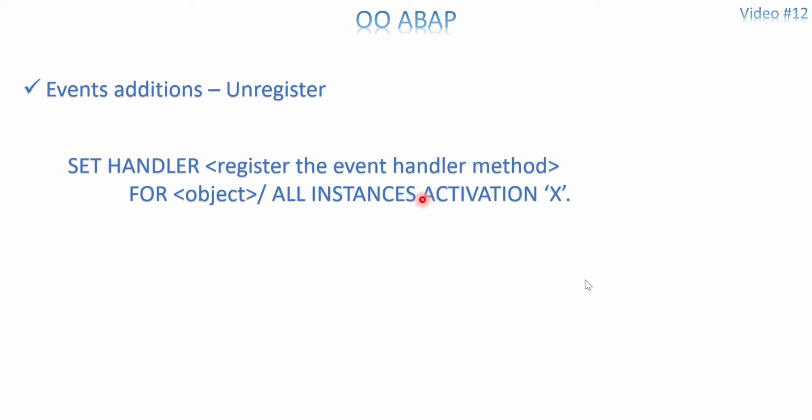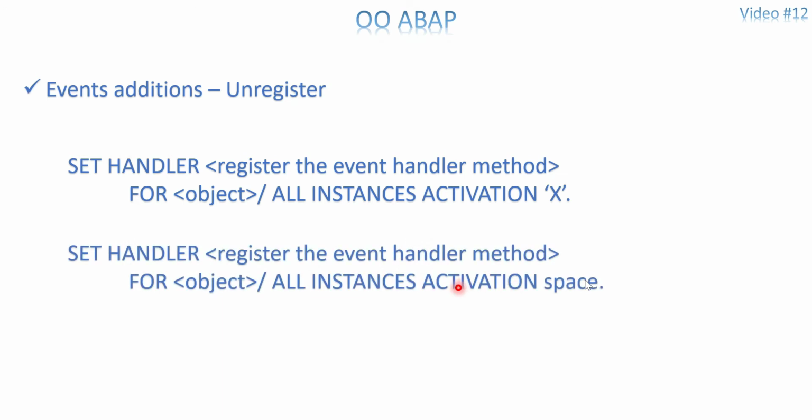By default, as in the previous examples where I didn't use activation, it keeps your handler active and registers your event handler method. If you want to unregister, you have to use ACTIVATION with either a single-quote space or a space. I will show you what happens if I use SET HANDLER ACTIVATION space and then raise an event. It just removes the memory space of your handler. That's it, nothing big.